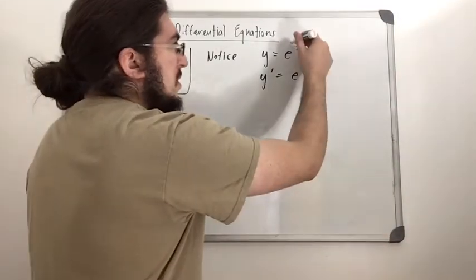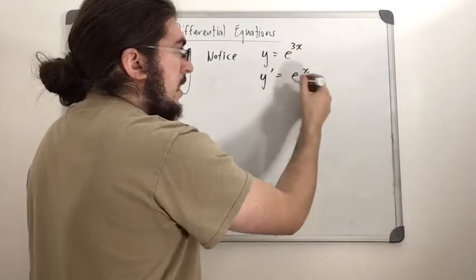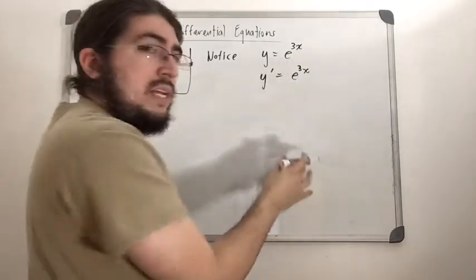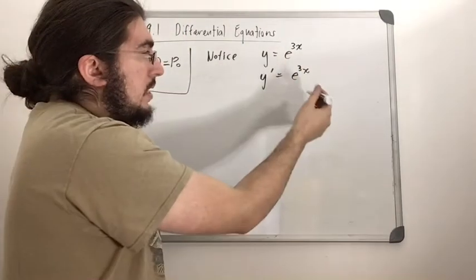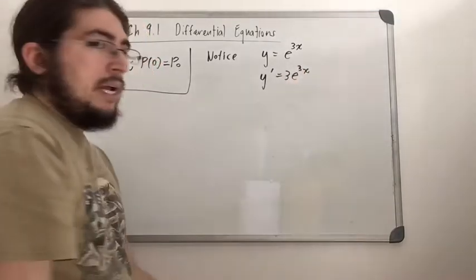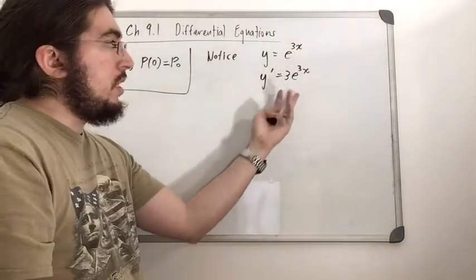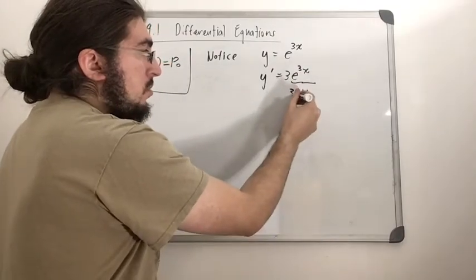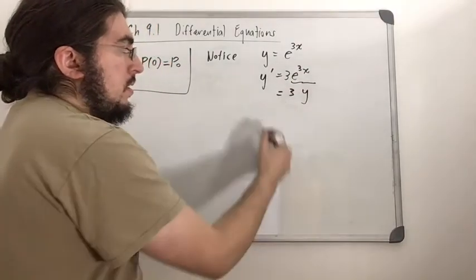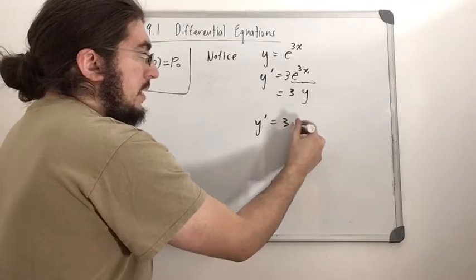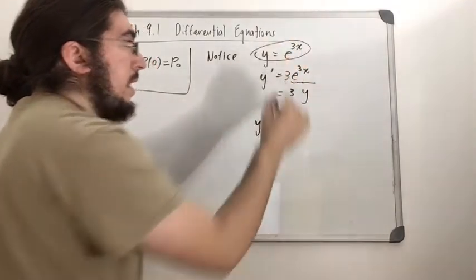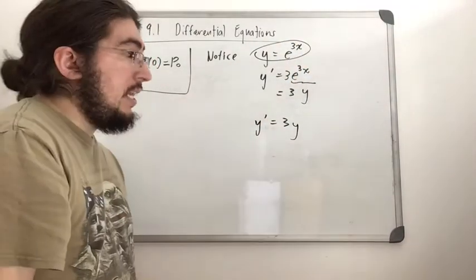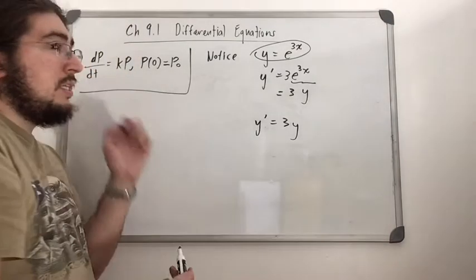In fact, if we change this to, let's say, 3, what's the derivative of e to the 3x? It's e to the 3x times the derivative of 3x, which is 3, so 3 comes down. Notice since this is y, the whole thing is equal to 3y. So y prime is equal to 3y is the differential equation that y equals e to the 3x satisfies, which looks something similar to this.